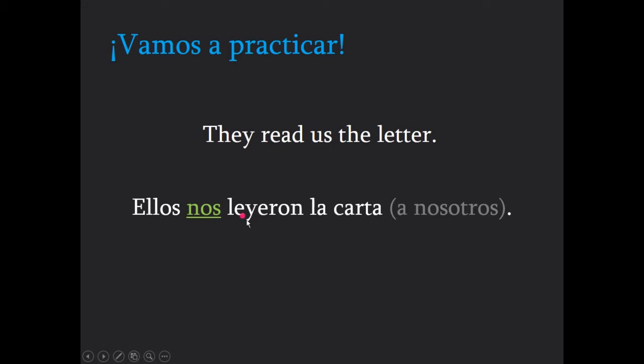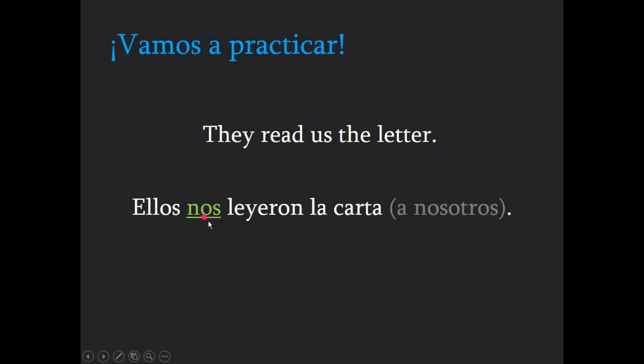Once again, why? Because this sentence only has one verb, so you have to put the indirect object pronoun in front. A nosotros, all this does, and the reason it's grayed out, once again, is you don't have to say this. You could say it if you felt you had to clarify or emphasize nos, but nos can't mean anything else except to us.